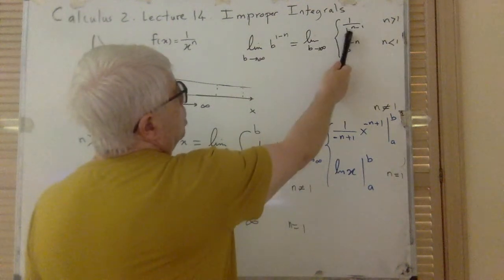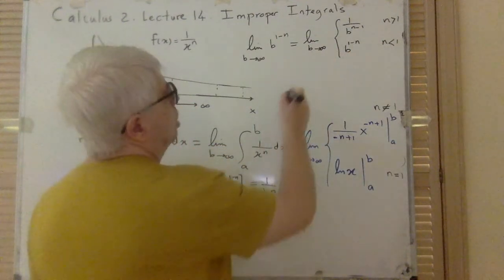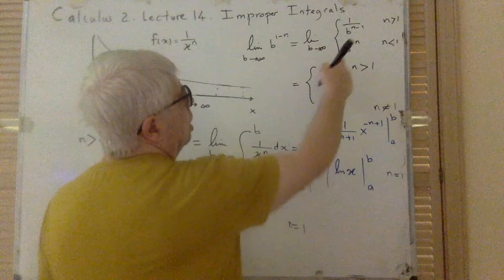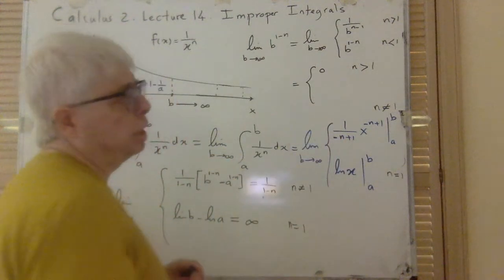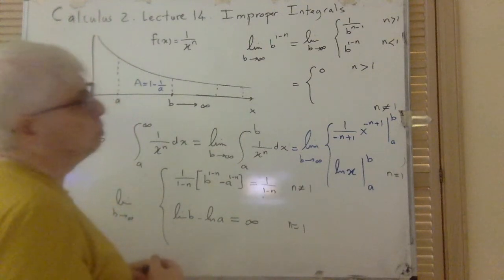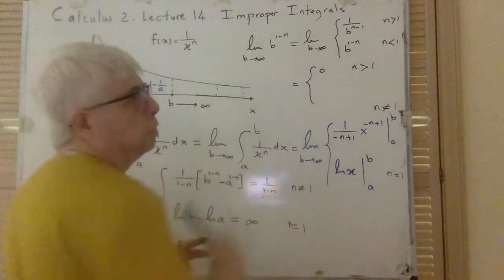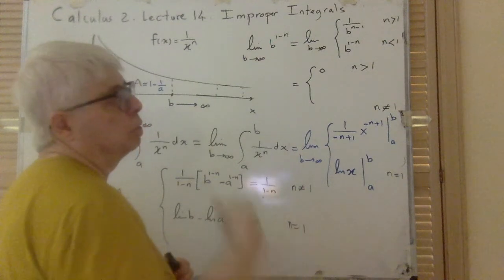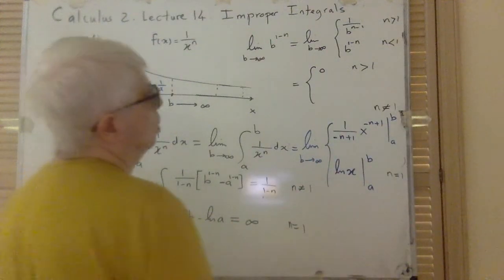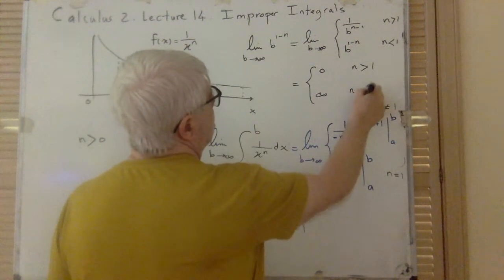As b goes to infinity, this is infinite, and 1 over infinity is 0. So I will get 0 if n is bigger than 1. And 1 minus n, when n is less than 1, is a positive number. So it is b to some positive exponent, and as b goes to infinity, this goes to infinity. That's like a large number to some positive exponent, which gets larger and larger. So this one goes to infinity when n is less than 1.